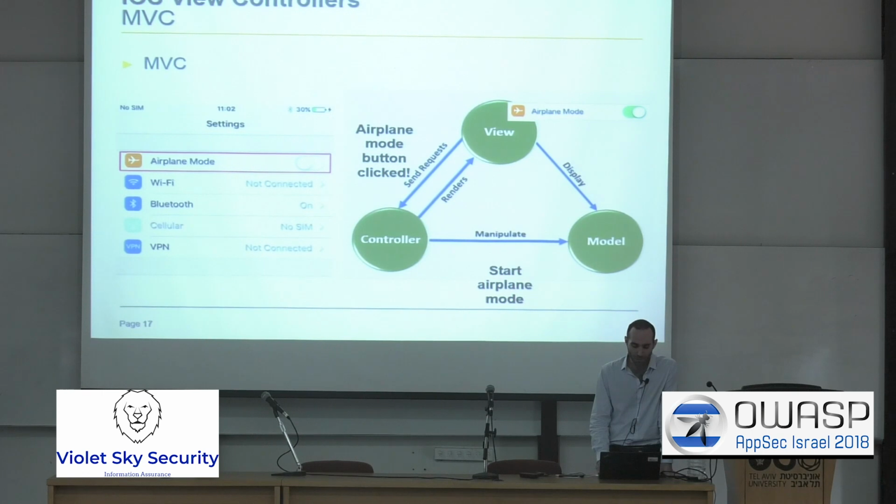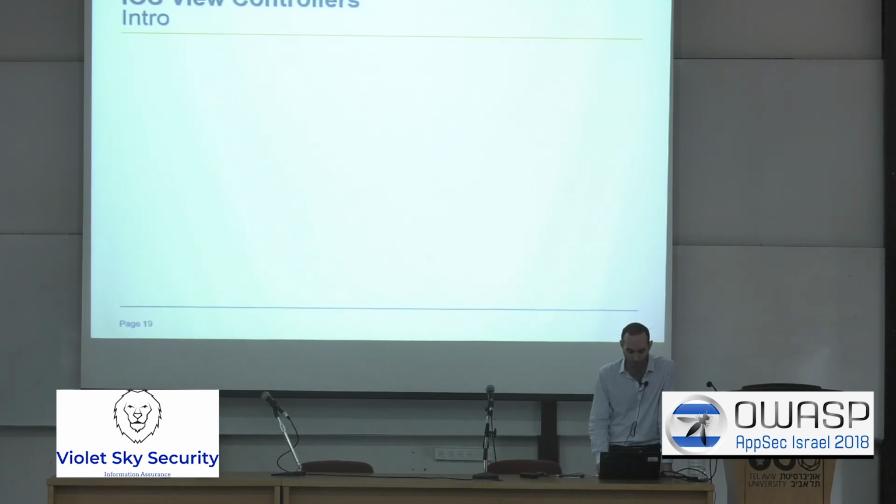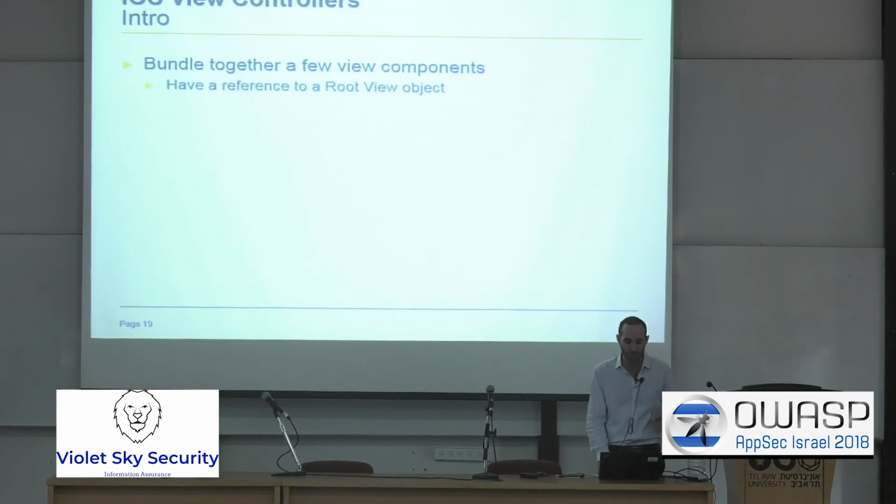So more specifically about view controllers. Now that we know all about MVC, we can be more accurate and say that view controllers actually bundle together a few view components in the application. How they do that is they store a reference to the root view object of these components.